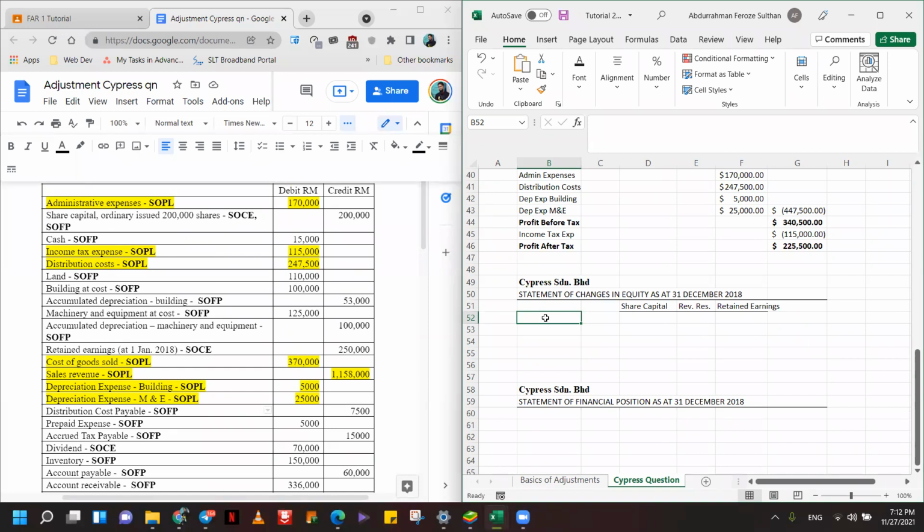You have to start off with the share capital. So issuance of share capital.